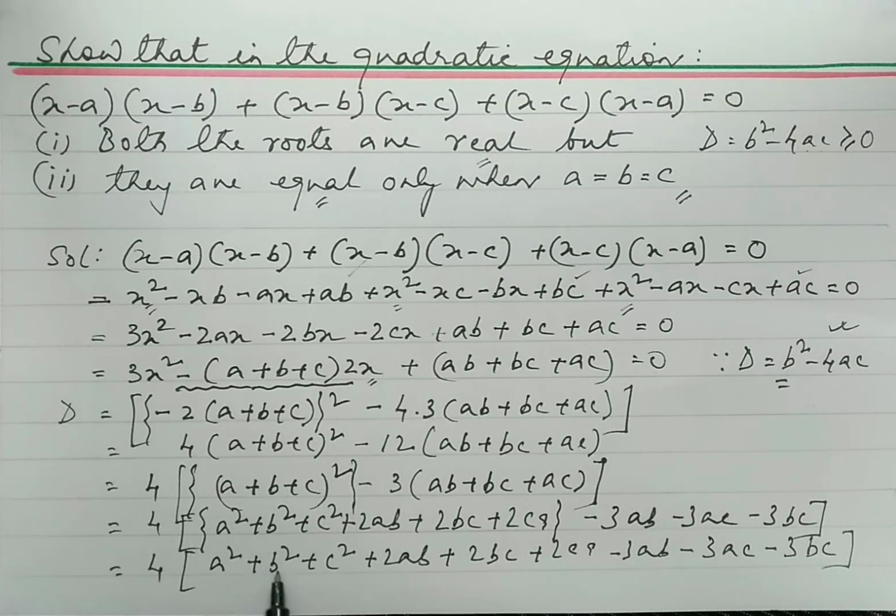So we have A², B², C² plus 2AB, and this is minus 3AB, which means we get minus AB saved here. For this, 2BC minus 3BC means minus BC saved here, and 2CA or AC minus 3AC is equal to minus AC. Am I right? So now let's move on to the next page.